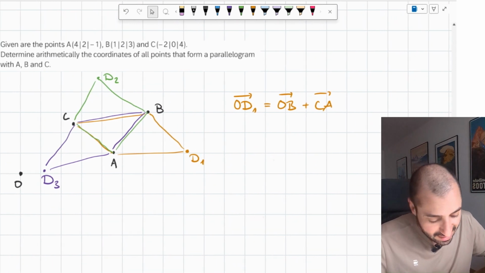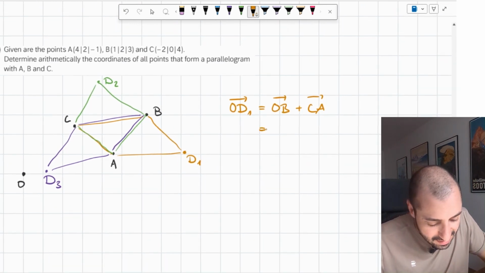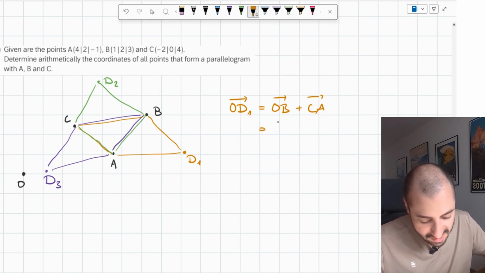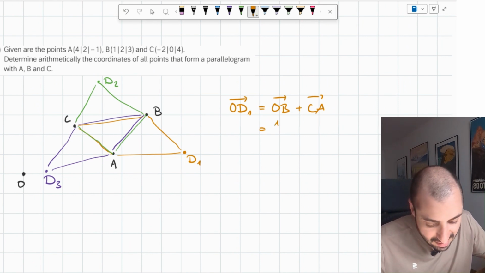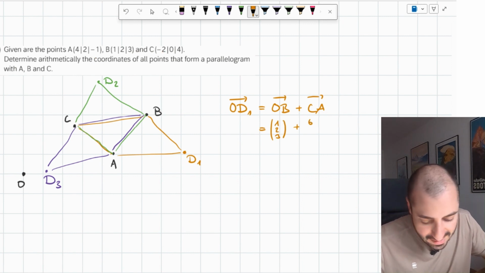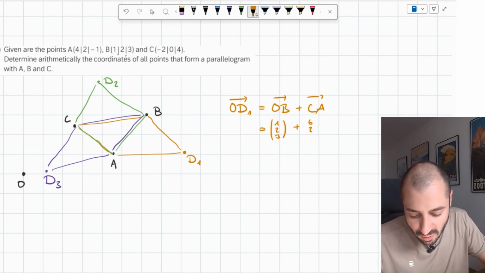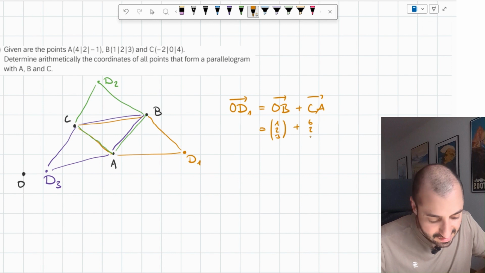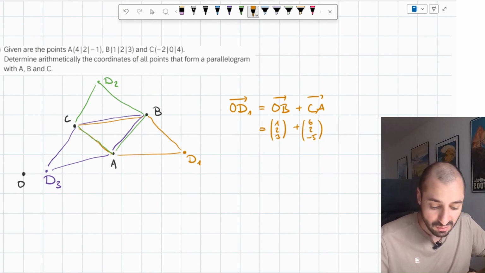Well, let's actually quickly do this in this case. So OB is just the position vector of B, so it's 1, 2, 3 plus CA. So from C to A, here it's from -2 to 4, so that's 6. From 0 to 2, it's 2, and from 4 to -1, that's -5, or you just use the endpoint minus starting point formula to get that.